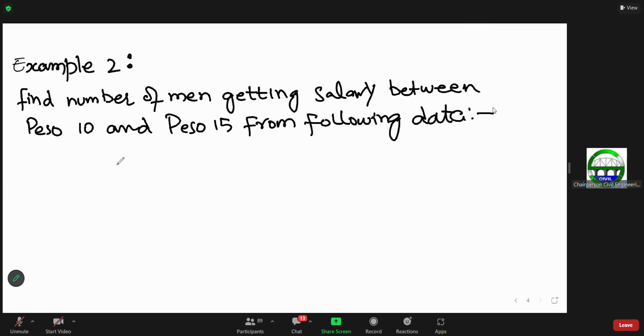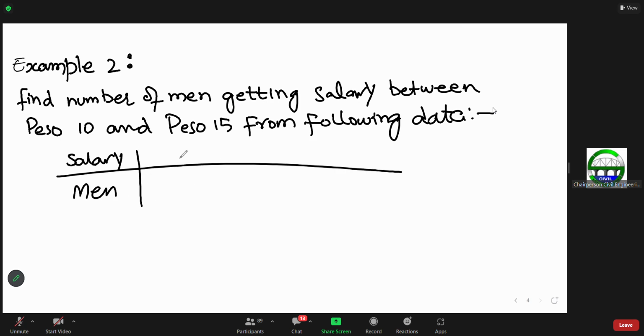The data is our salary and your man. Sometimes they give you intervals.